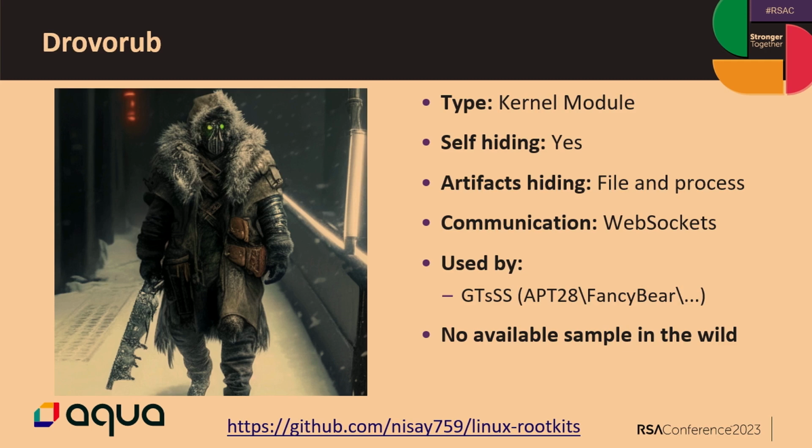Also, there is no available sample in the wild, but we do know how it attacks based on an NSA report published about this malware, which specifies that this malware is performing file operation hooking and sequence operation hooking. In the demo we're about to see, we used POC code by a user named Nisai that implemented this technique in a malware named phide.